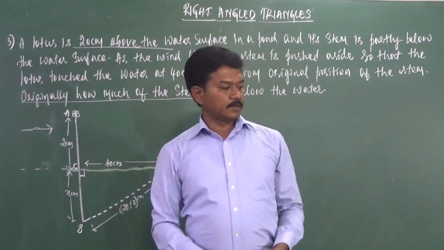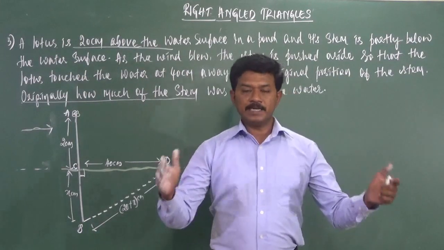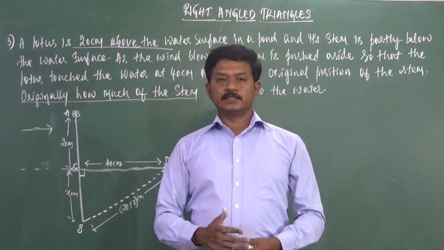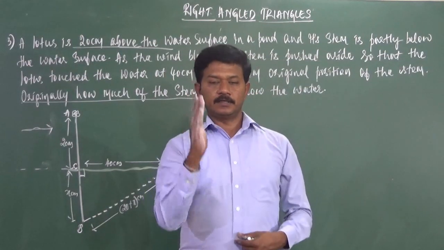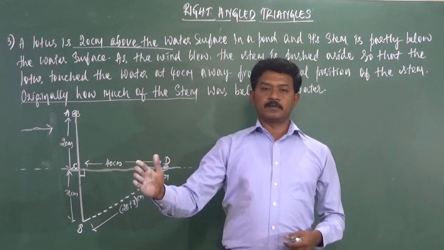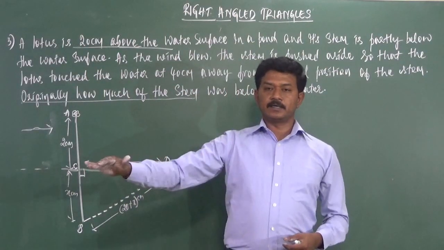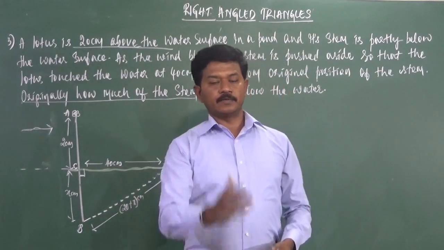These application problems are not in your textbook. Just to complete the chapter of right angle triangles, including the first-step numericals, then riders, then identities and application problems, I have completed the entire methodology of presenting a chapter in front of you.